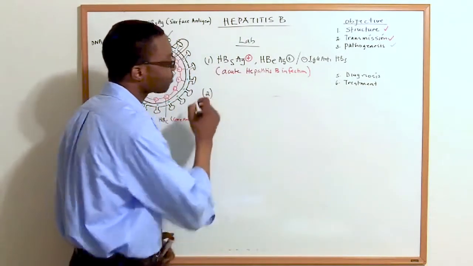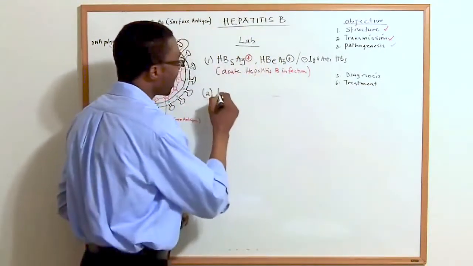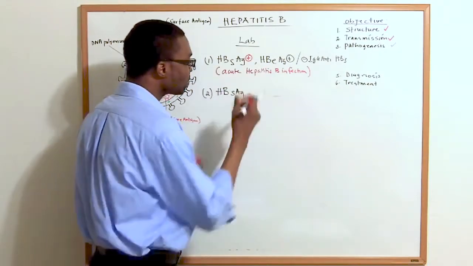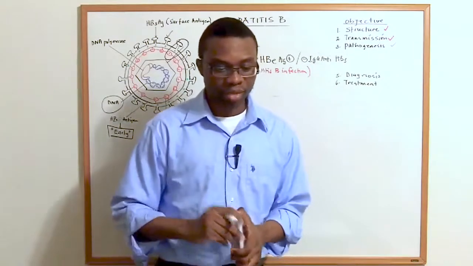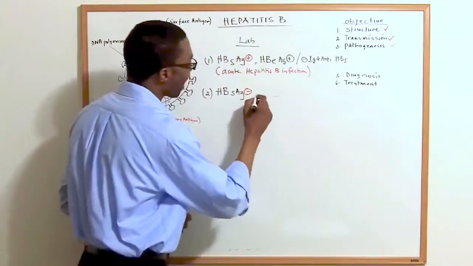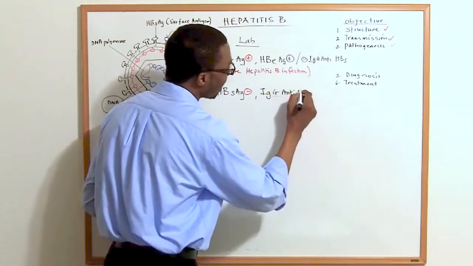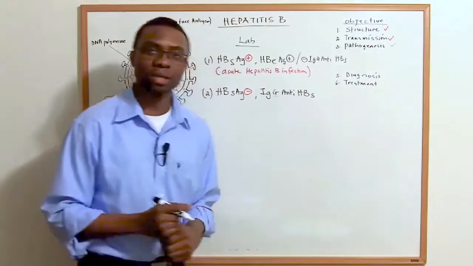We order another lab, and this is what it comes back to. The patient's hepatitis B surface antigen comes back negative. However, they have an IgG anti-hepatitis B surface antibody.